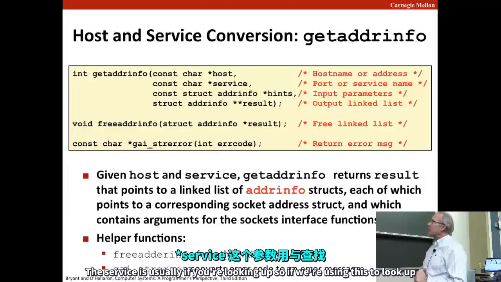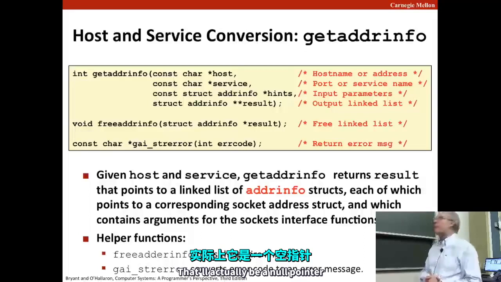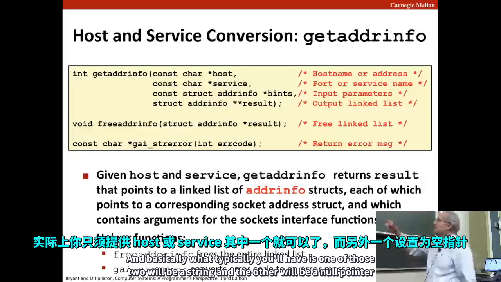The service is usually, if we're using this to look up, that'll actually be a null pointer. And basically what typically you'll have is one of those two will be a string and the other will be a null pointer.